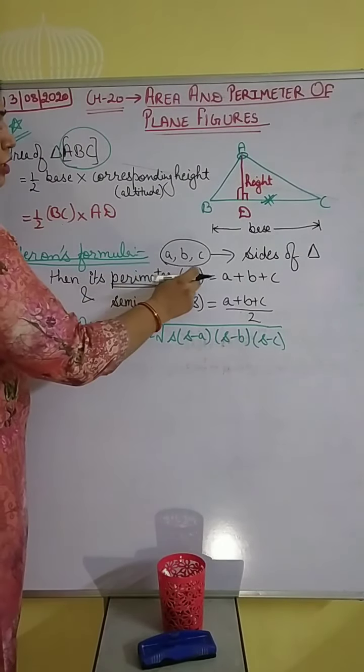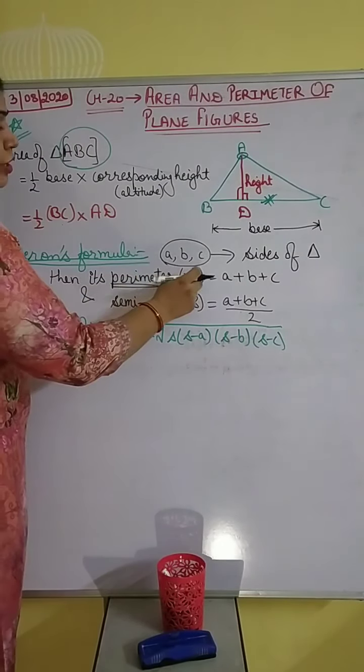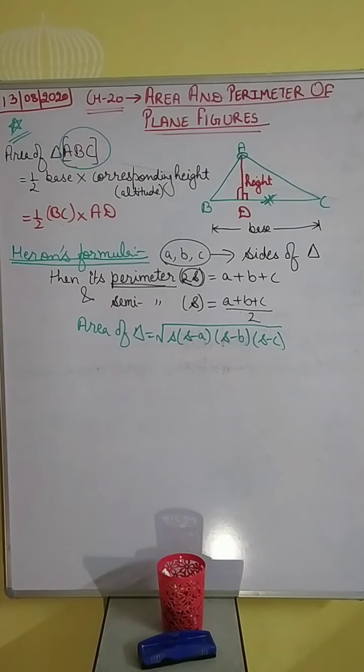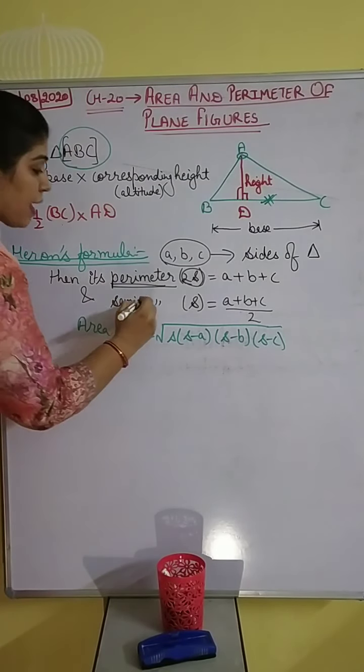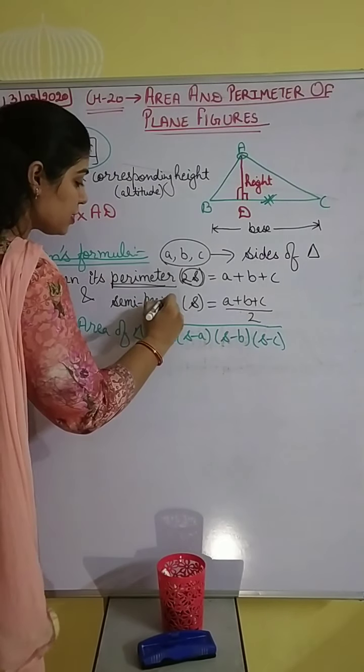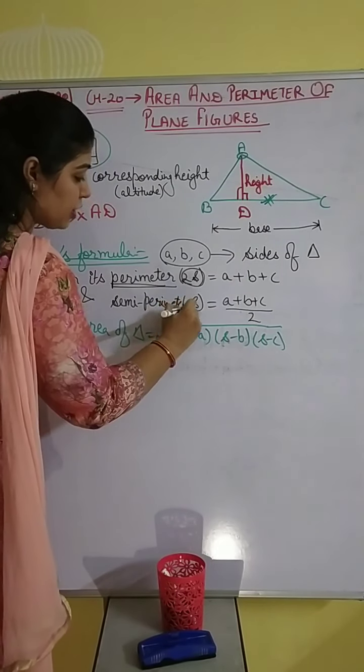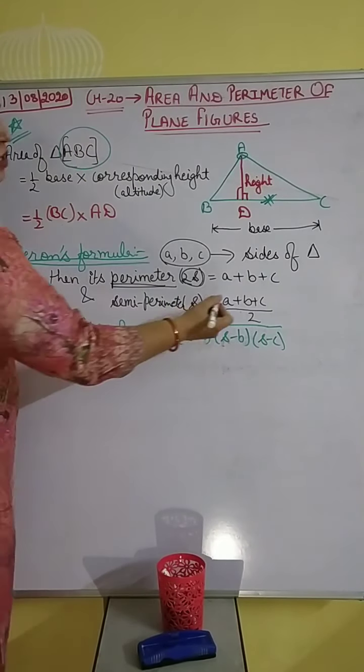Then its perimeter is 2 times of s. This is the notation we are using for the perimeter. Then perimeter is equal to a plus b plus c, and semi-perimeter s is equal to a plus b plus c divided by 2.